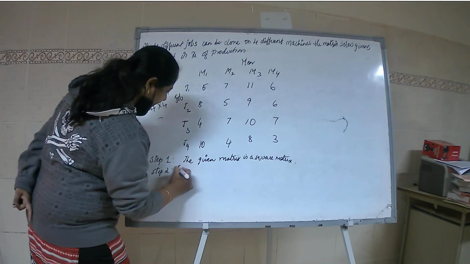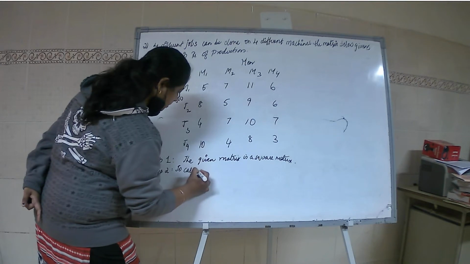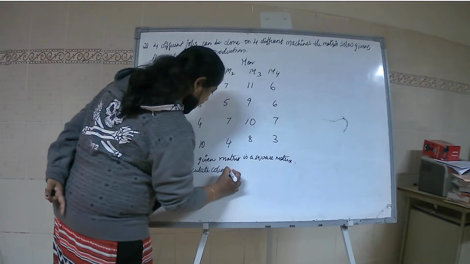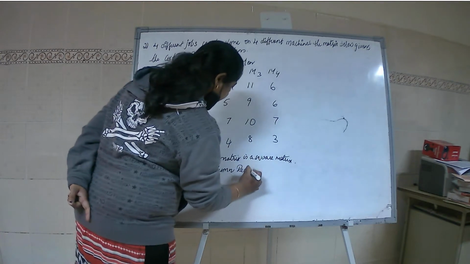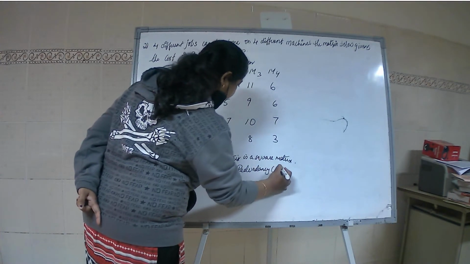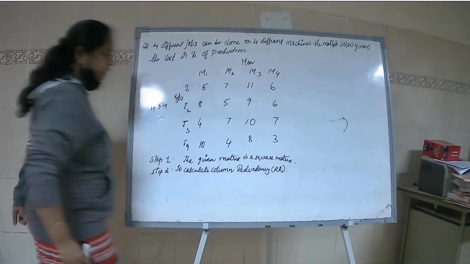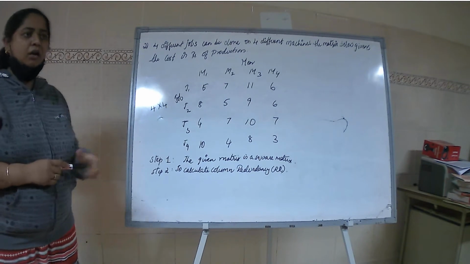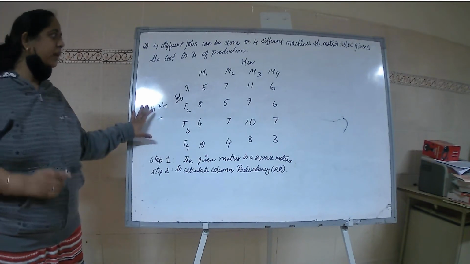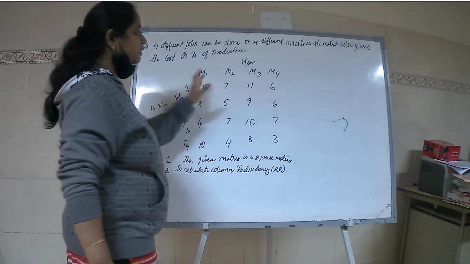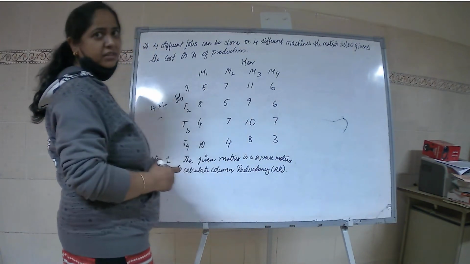To calculate row redundancy, which is also written as RR. As I have told you in my previous problem, row redundancy is nothing but you need to check this row, find the minimum value, and subtract it from the other values in the same row.